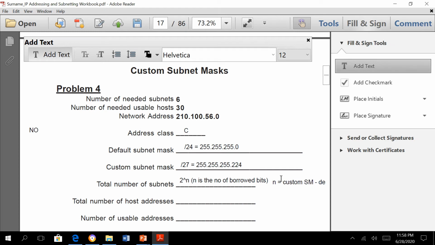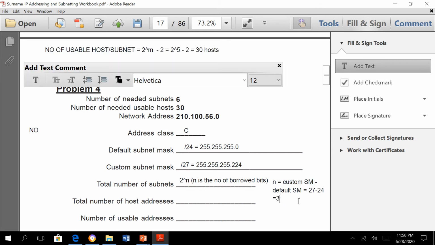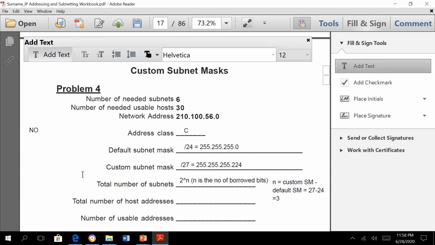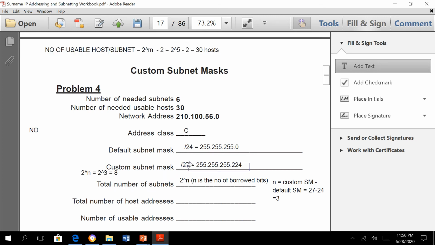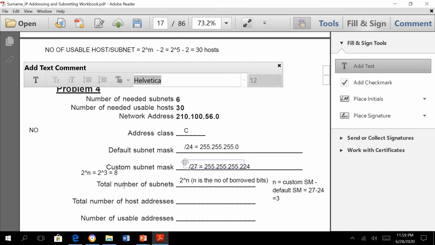In this case, 27 minus 24, which is equal to 3. Using this formula, the total number of subnets is 2 raised to 3, since my n is 3, which is equal to 8. So there are 8 subnets. If you have a slash 27, there are 8 subnets.